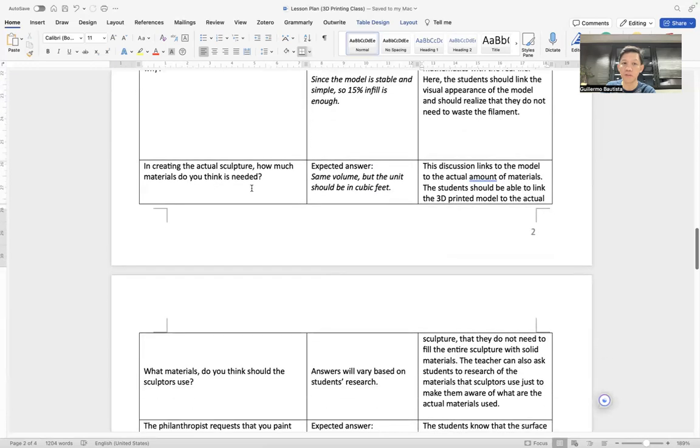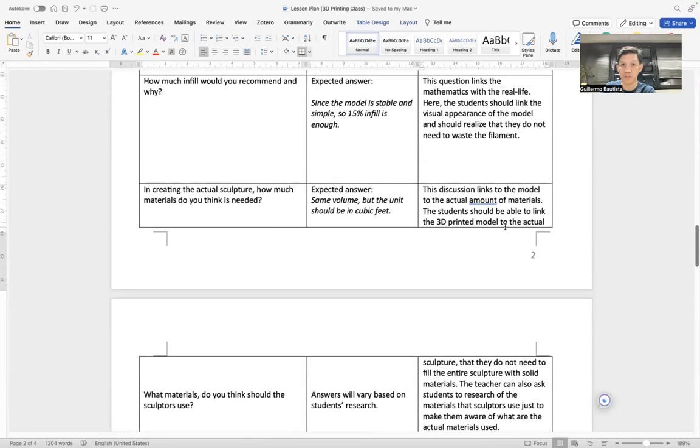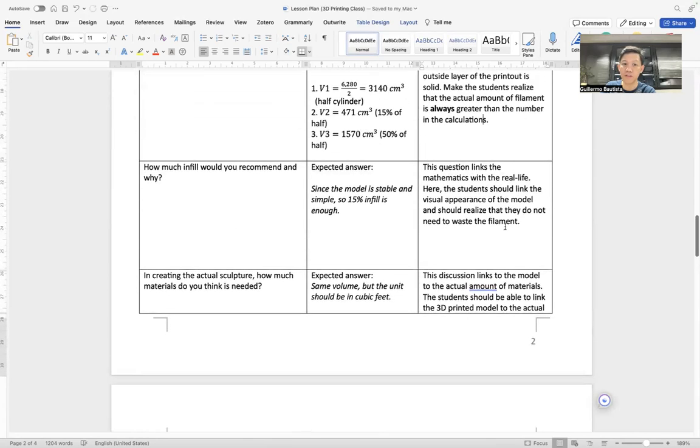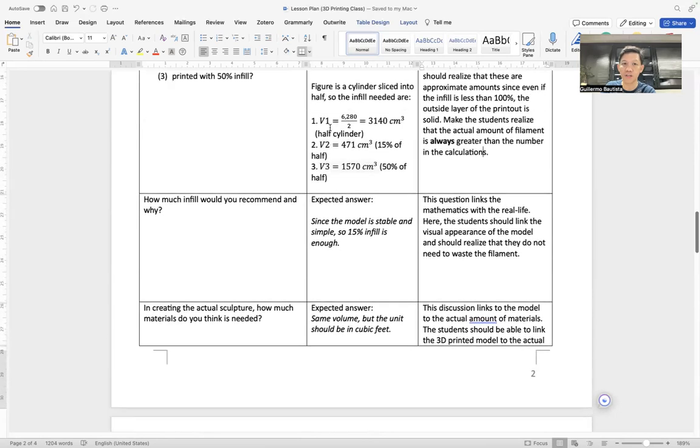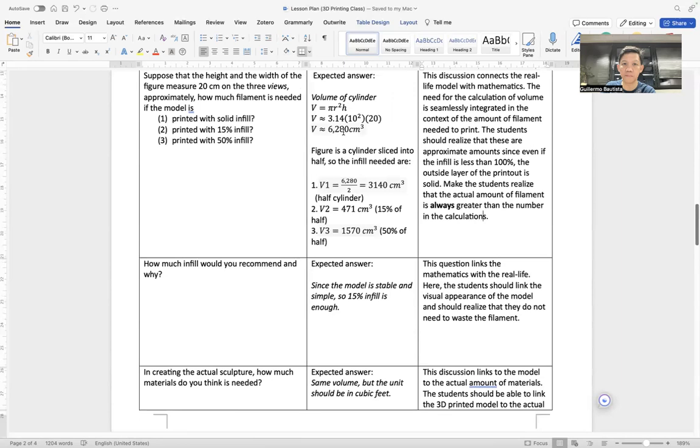Okay. So in creating the actual sculpture, how much material do you think is needed? Here we are just transitioning from the model to the actual sculpture. So if the students again calculated this, meaning they don't understand similarity, because they just have to change the unit here.